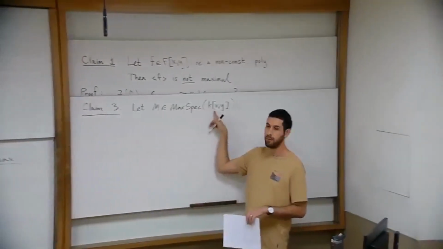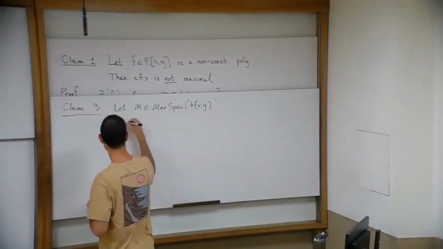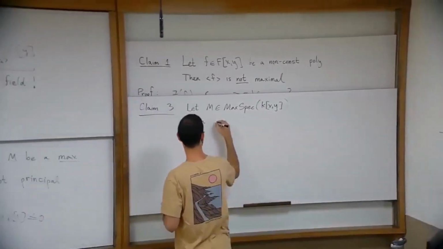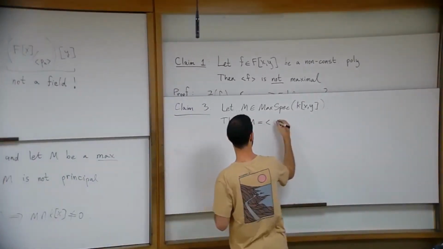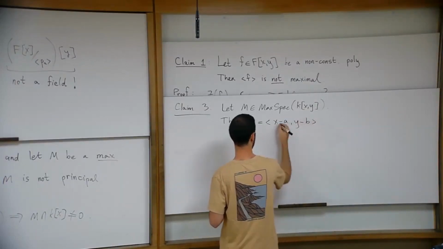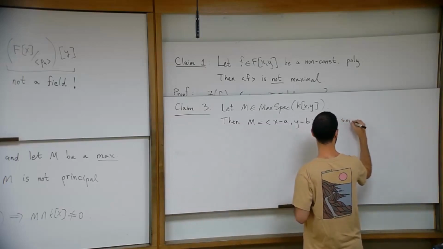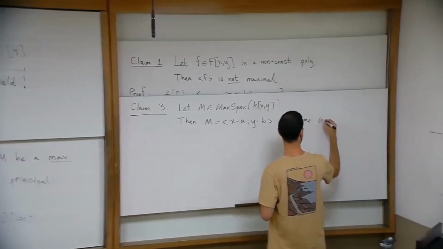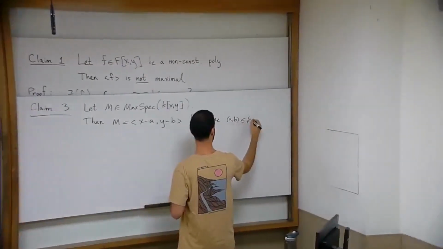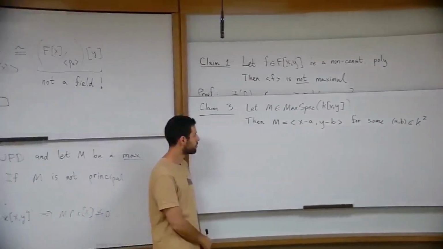So let M be some maximal ideal of this ring. Then we can conclude that M is of the form (x minus a, y minus b) for some point (a, b) in K^2.